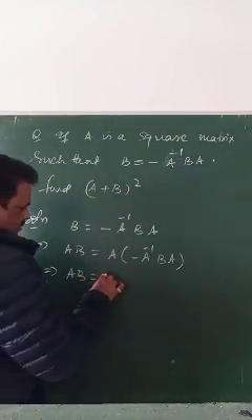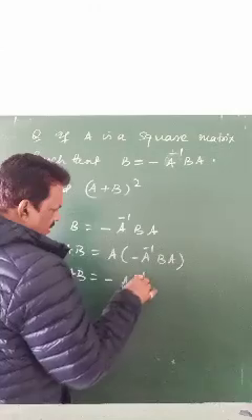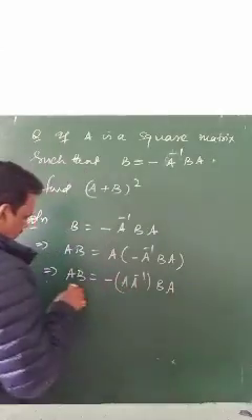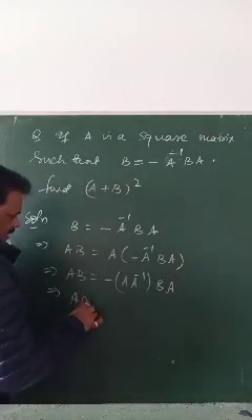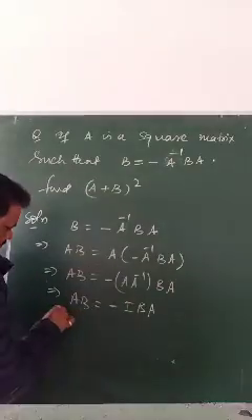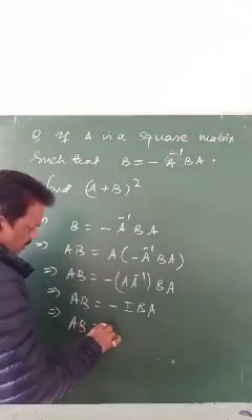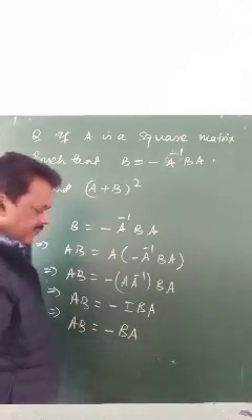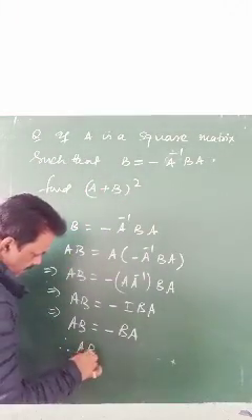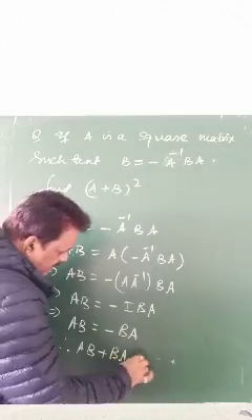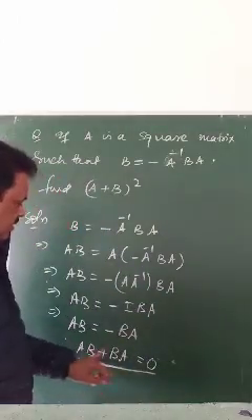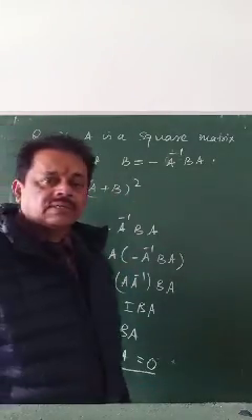I can combine these two, so AB equals negative IBA, so AB equals negative BA. Therefore, AB plus BA became 0. This is what you got from here. Why did you find this? Because this term you will find in A plus B whole square.